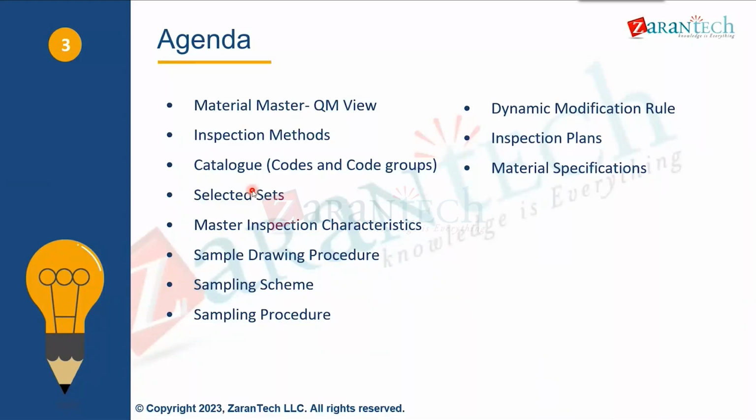Why do you need a class characteristic here? To transfer the result of the result recording from MIC to the batch classes, batch characteristics, we need class characteristics. Okay, good.